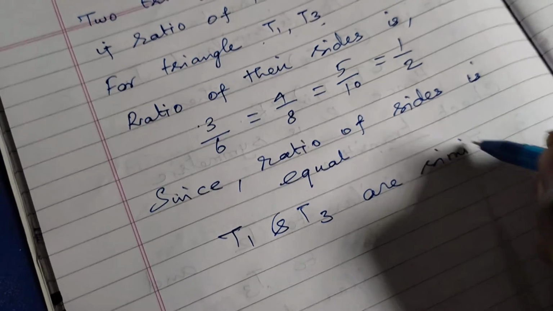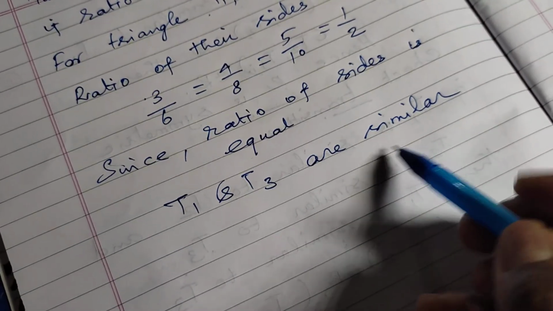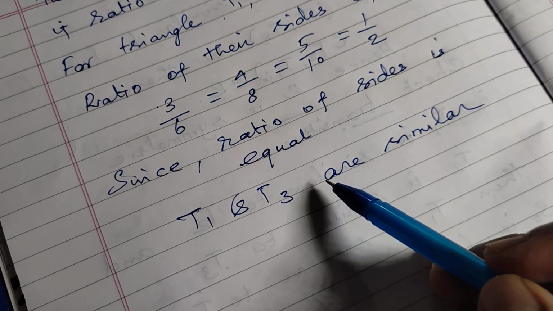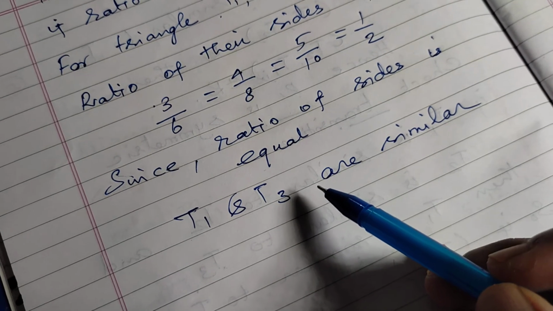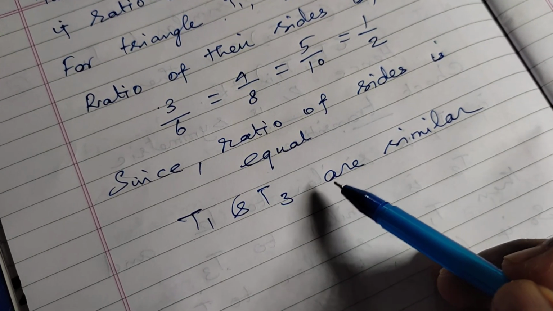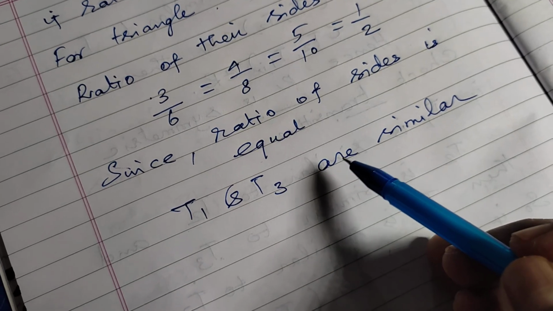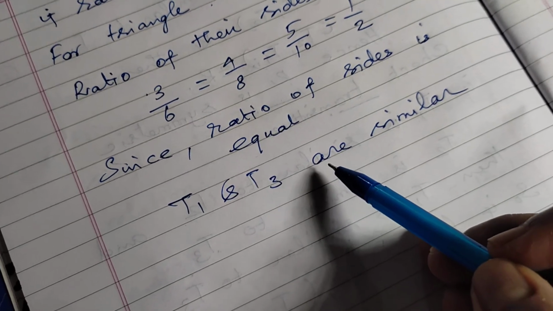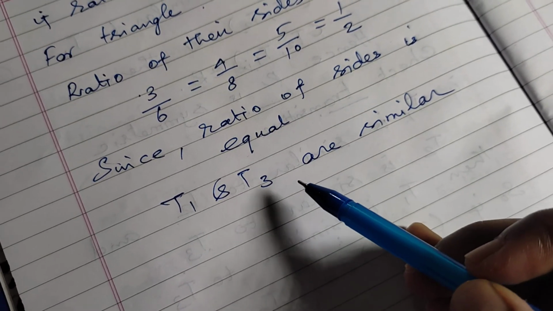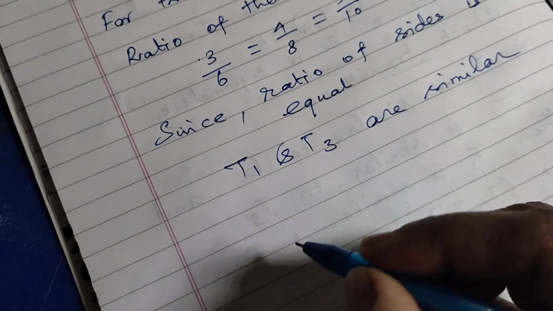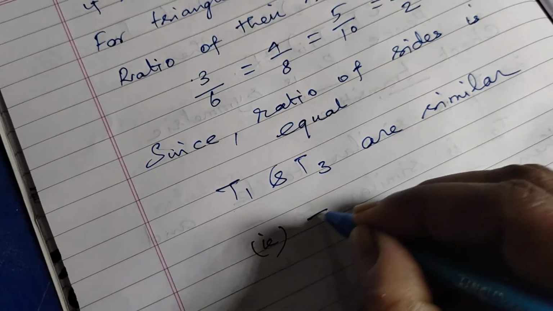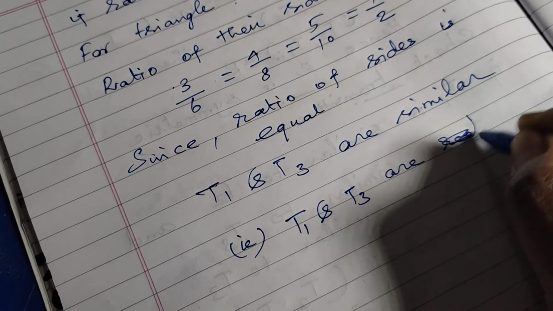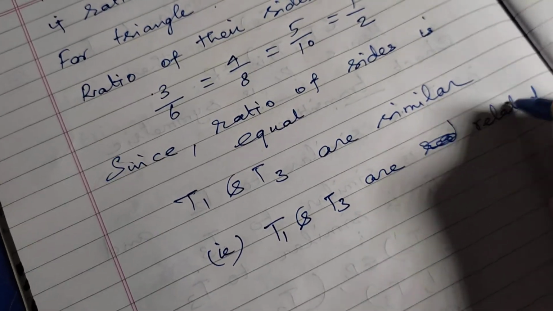T1 and T3 are similar means they are related, because the given relation is defined as R equals the set of all (T1, T2) such that T1 is similar to T2. This is the given relation in the sum. Here T1 and T3 are similar, that means T1 and T3 are related. So the solution is: T1 and T3 are related.